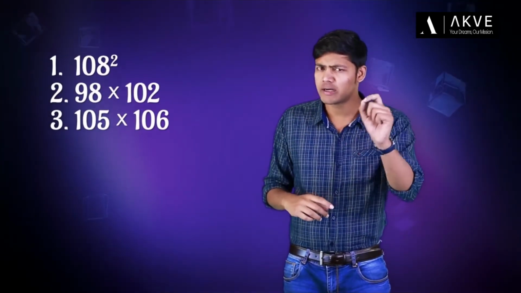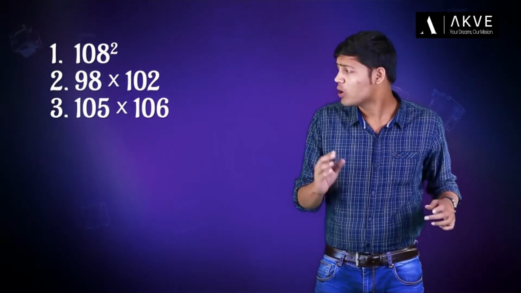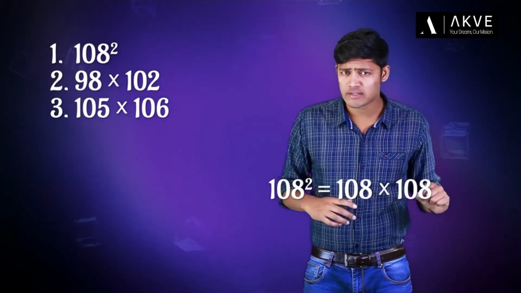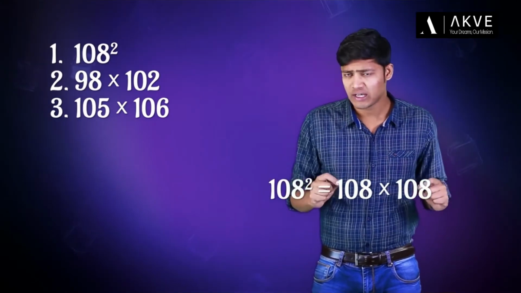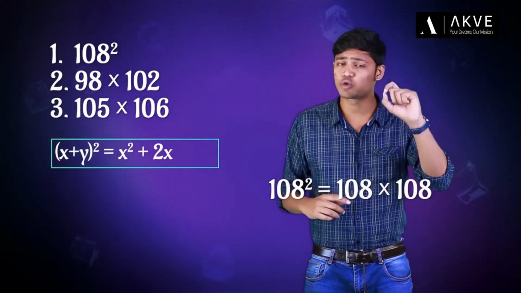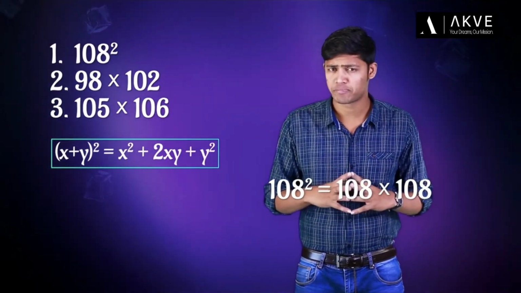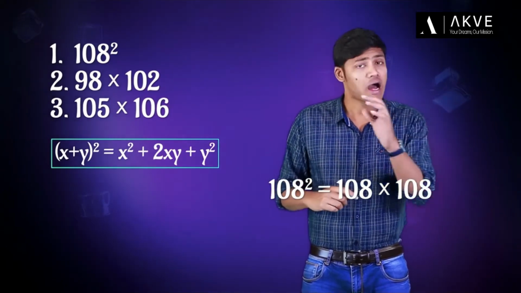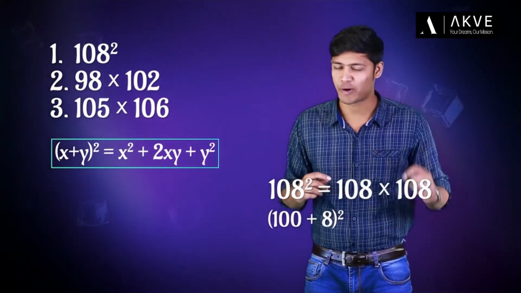Hello friends, let's start our today's video by solving these problems a little bit differently. Now, for the first problem, instead of multiplying 108 twice, we can use the identity (x + y)² = x² + 2xy + y². That is, we can express 108 squared as (100 + 8)².